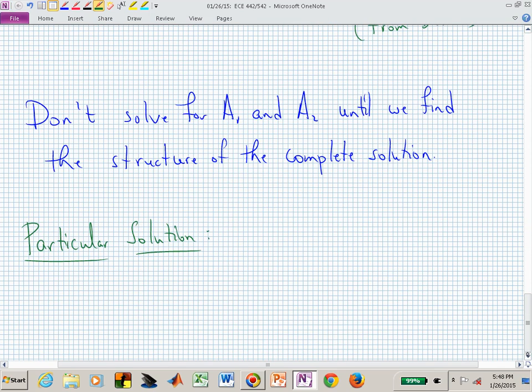We can anticipate that our particular solution, x sub p of n, is now some unknown coefficient a sub 3, 1/2 to the n, where that 1/2 to the n is the same structure as what we're forcing it with.